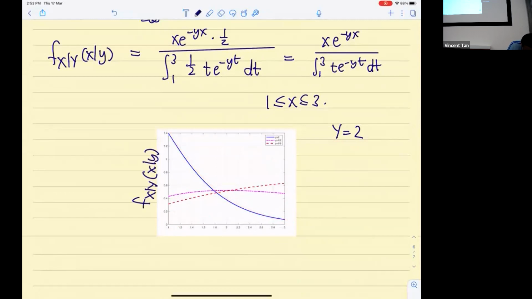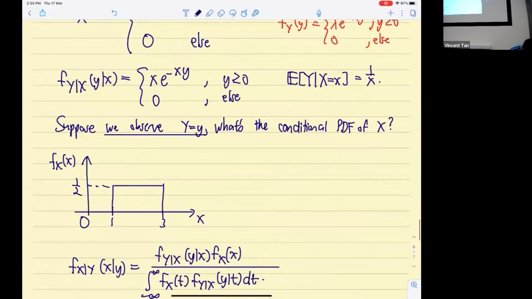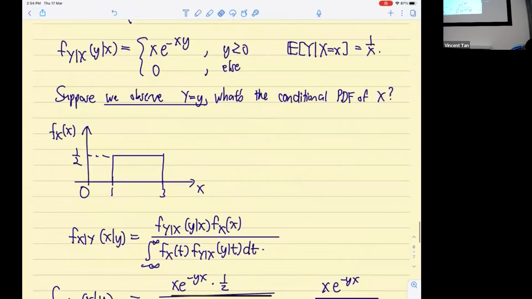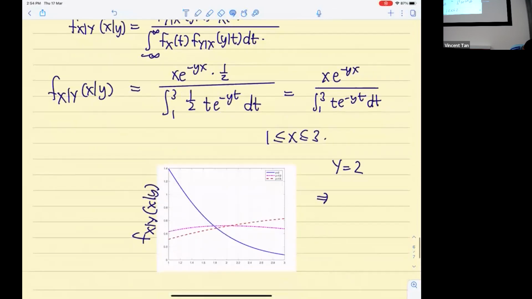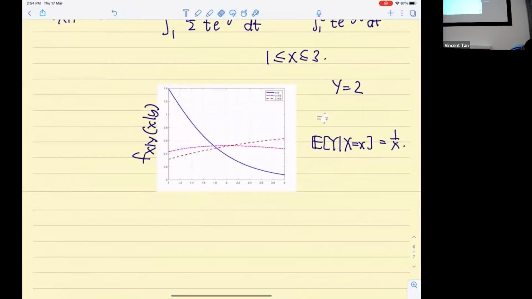Now, if y is equal to 2, what does this tell us about the value of x? The expectation is about 2, and I equate 2 to 1 over x, so I get x is about half.